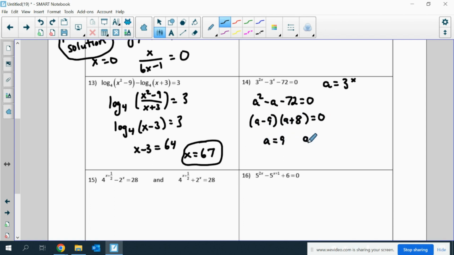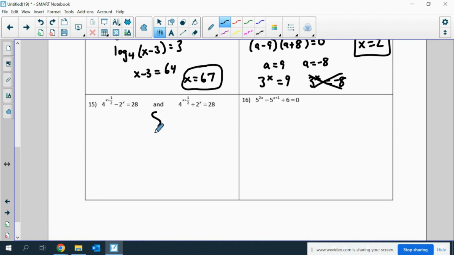So a equals 9 and a equals negative 8. Then I can replace and put 3 to the x equals 9 and 3 to the x equals negative 8. This one will never work. On the other side, I get x equals 2. I can't have a positive to an exponent equal a negative number.